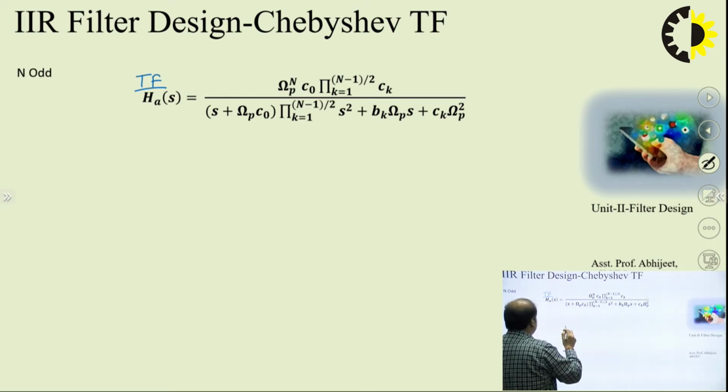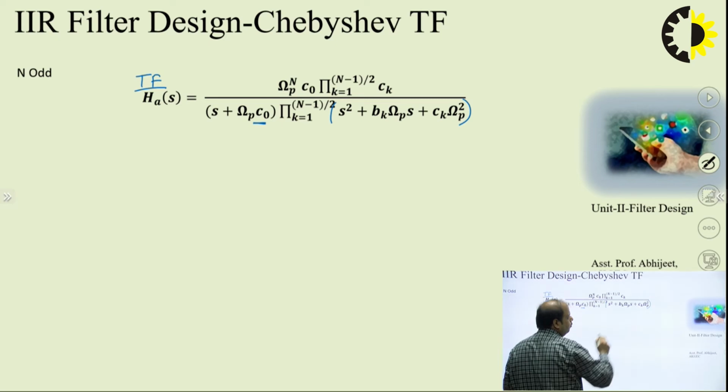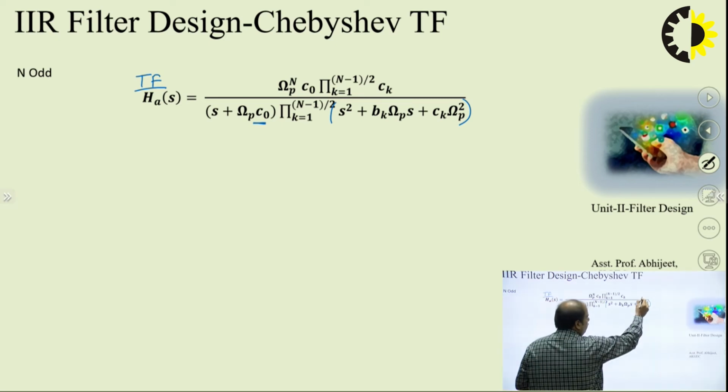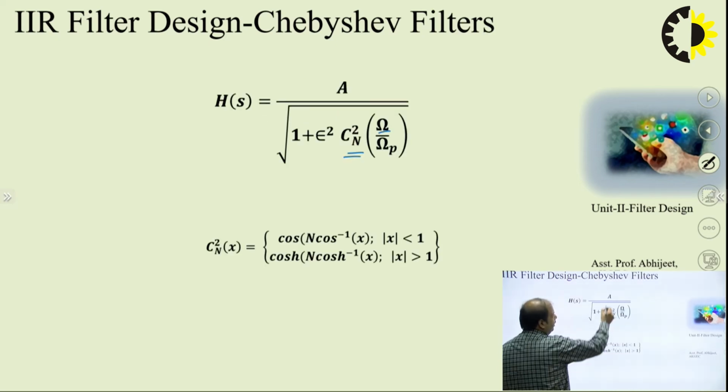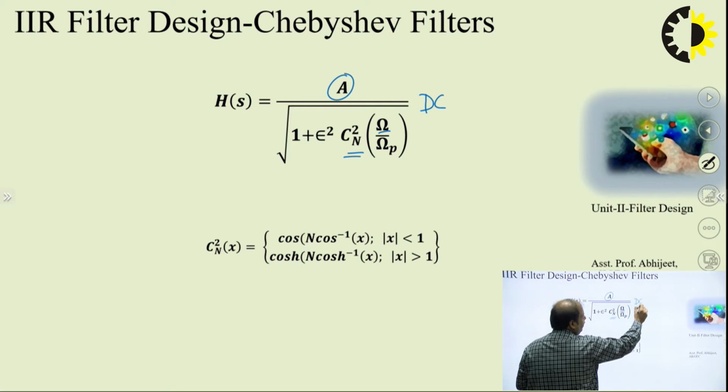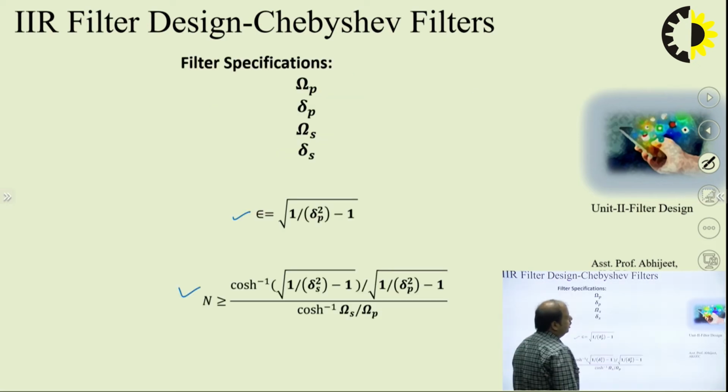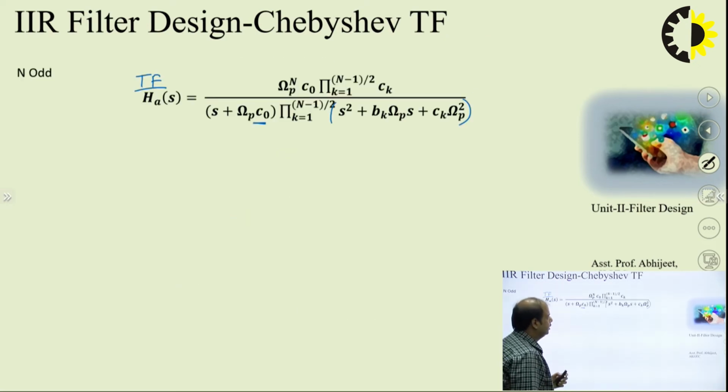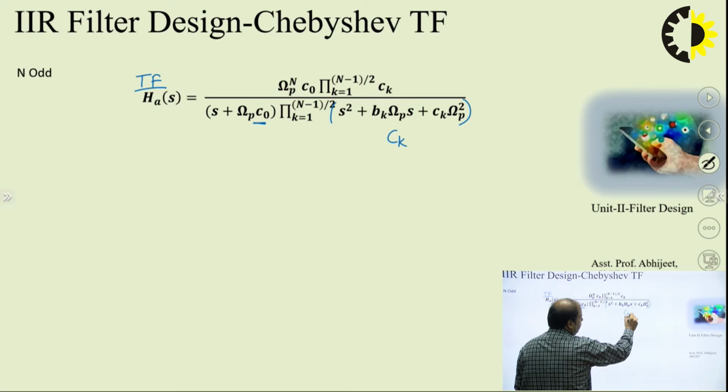And if it is odd, there will be a simple pole, but just that to make the DC component 1, there will be a c naught factor here. And since it is odd, the continued product goes from 1 to n minus 1 by 2 again, and a quadratic factor s square plus bk omega p s plus ck omega p square. Just because in the transfer function we had a, we want the DC value to be 1, and therefore other coefficients which are ck's have been introduced.